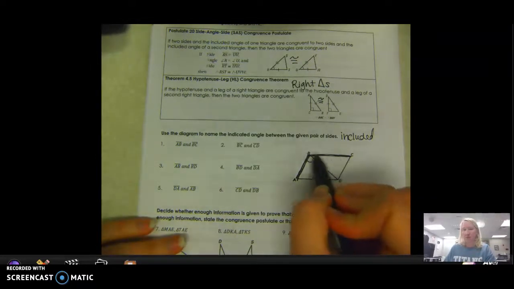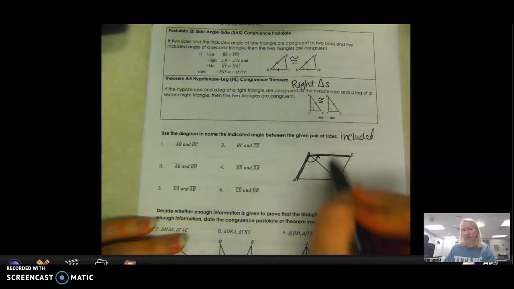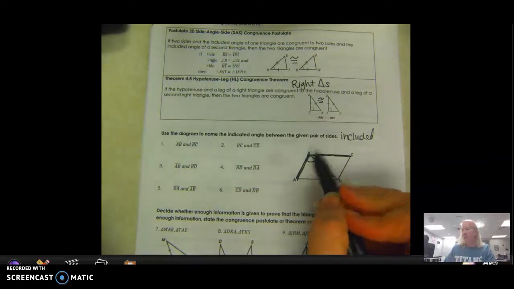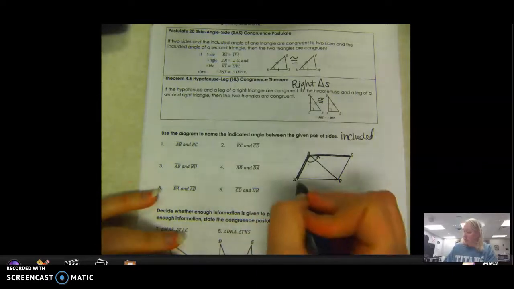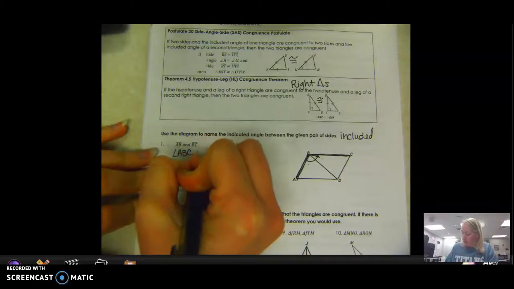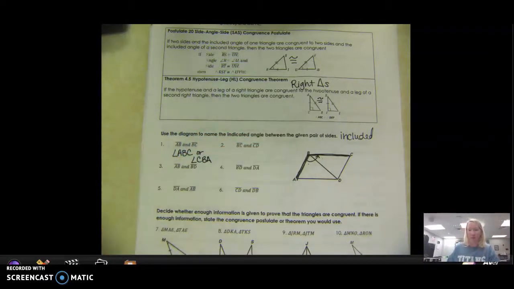This is the time that you would have to name this angle with 3 letters, because there is actually 1, 2, and then the big third angle at that angle. So if I just named it with 1 letter, I wouldn't know which angle of those 3 angles you're talking about. This angle can be called angle A to B to C, or angle C to B to A. Either one of those.